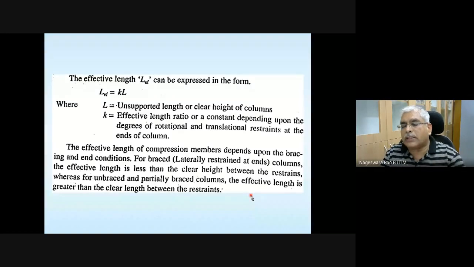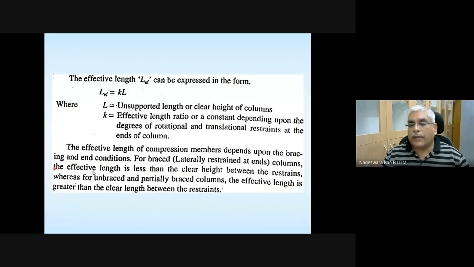Whatever table we have seen, table 28, you can apply it to that and see. Braced columns are the columns when there is no sway. For no sway columns, the effective length is less than the clear height between the restraints. Clear height between the restraints is nothing but the unsupported length. So that coefficient K is going to be less than 1.